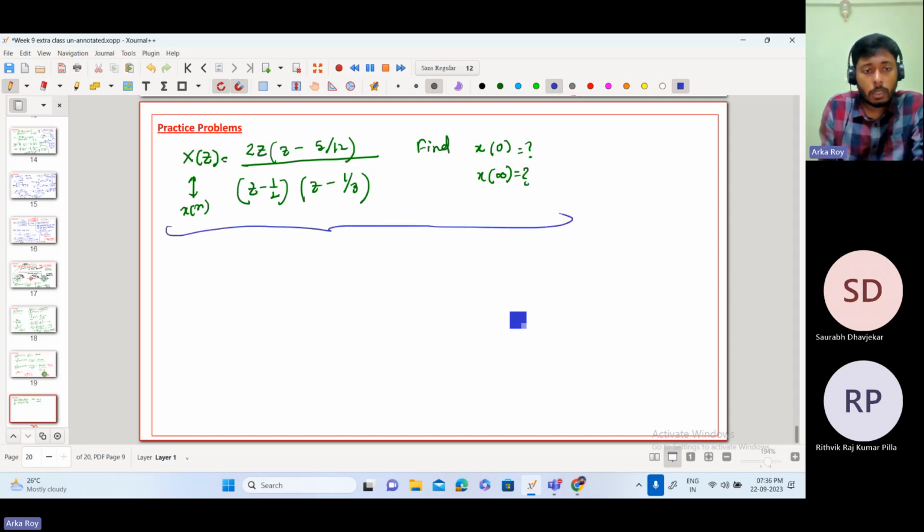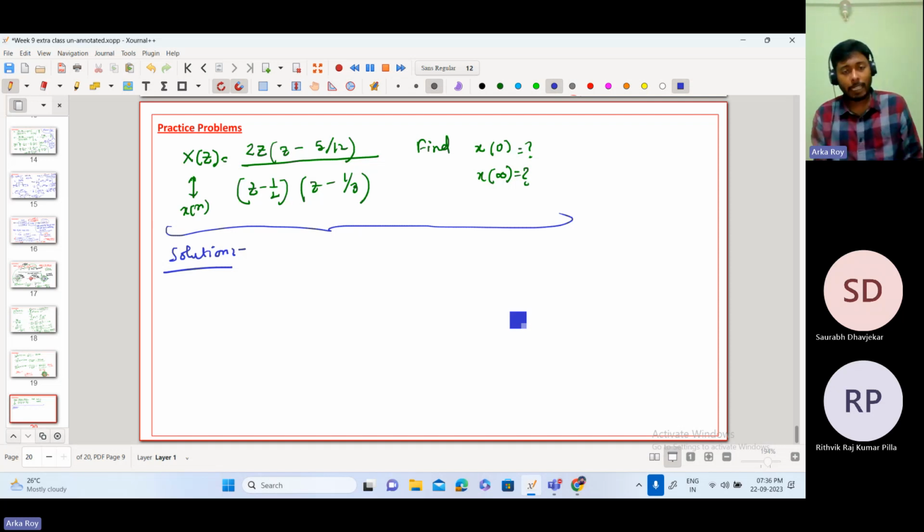Okay, so the solution will be like this. For these kind of questions, please do not go for finding the x of n by rationalization and all. It will take up huge time, and then you might get the wrong answers also. So there is a methodical way for finding this x0 and x of infinity.